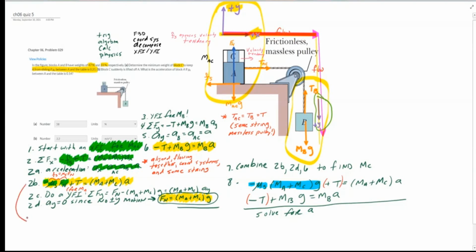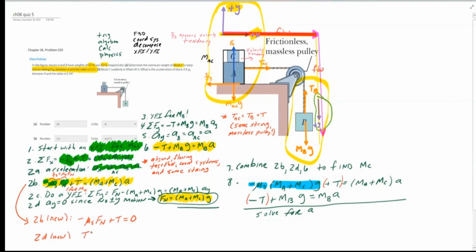All right, so this will be the new 2B. The new 2B is minus coefficient of static friction times F sub N plus T equals 0, because nothing's accelerating. So it does get a lot easier. And then the new 2D: this is what we get.